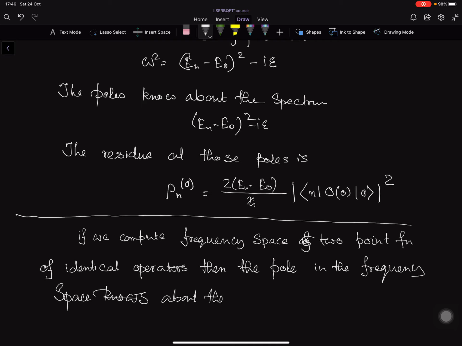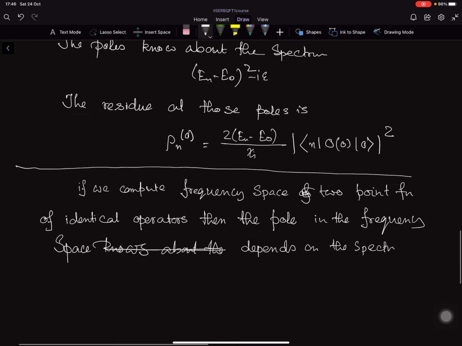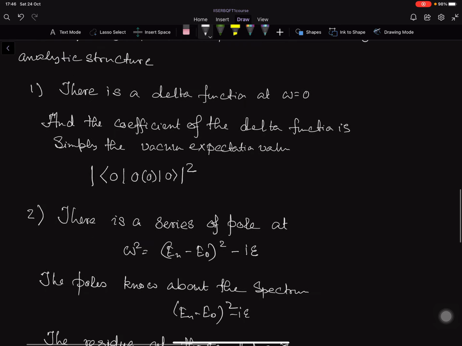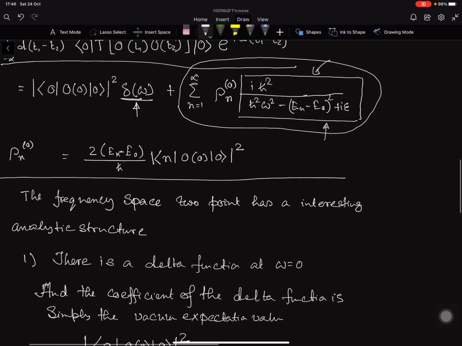In order to know the spectrum, we just compute all possible 2-point functions, and whether there is a pole or not will be controlled by this rho n, right?